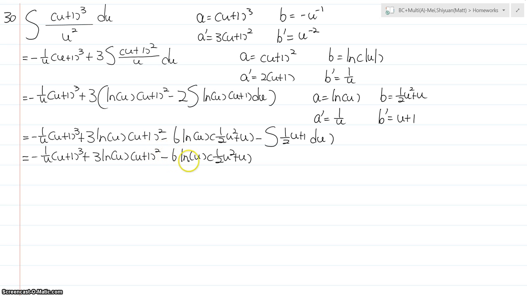And since you take out the parentheses, there will be a plus in front. So it will be 6 times (1/4 u squared plus u). A good thing to know is that 1/2 u plus 1 is actually a much simpler one for everybody to integrate. So now we have the final answer.